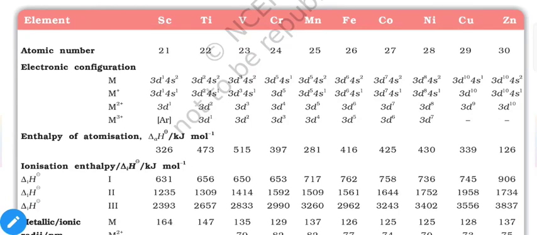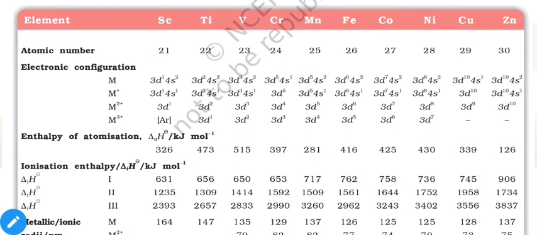So first of all, let us quickly observe what is provided in this table. As we can see, atomic numbers from scandium to zinc are mentioned with their electronic configurations in their atomic states and their three different possible ionic states. But some elements cannot show the +3 oxidation state, and these elements are copper and zinc. Then we have the enthalpy of atomization, where we will see some irregularities.